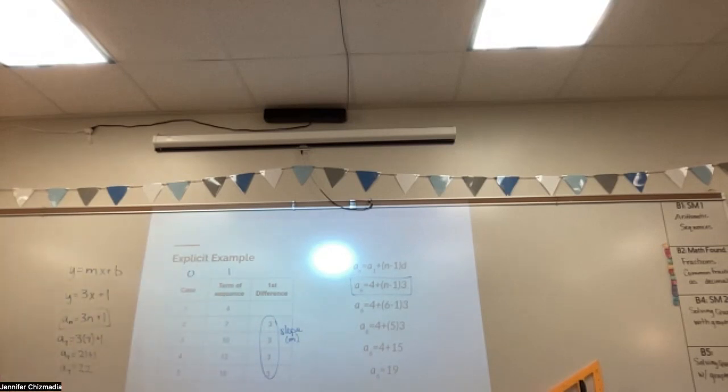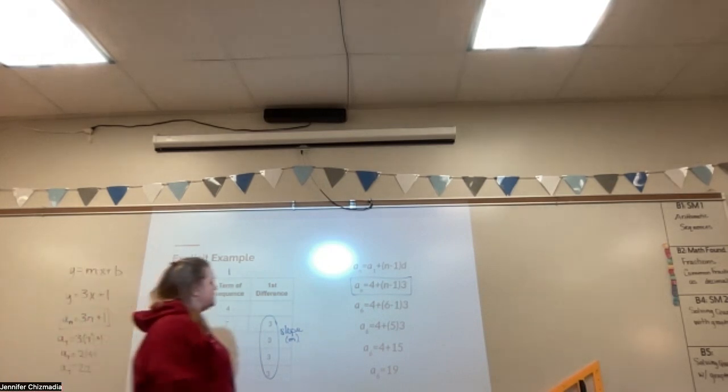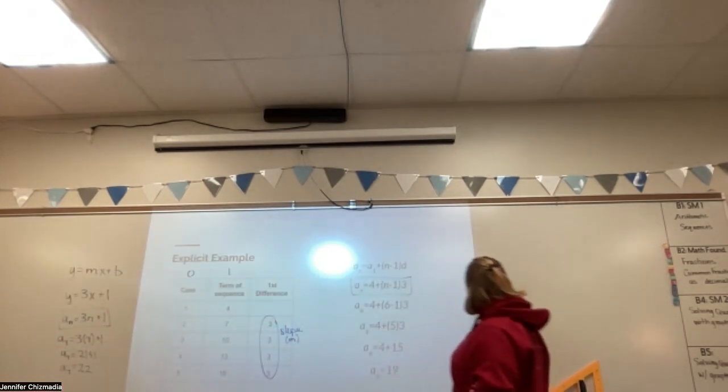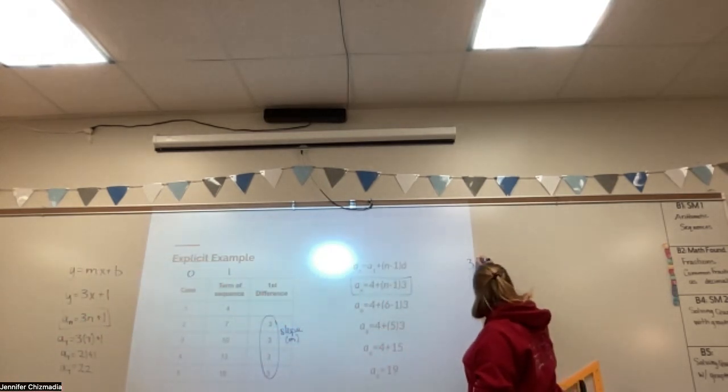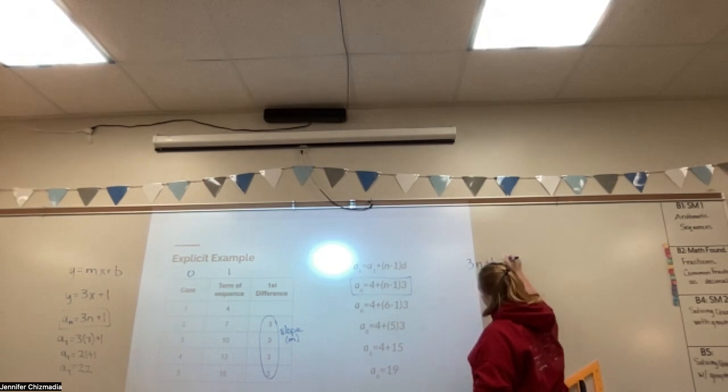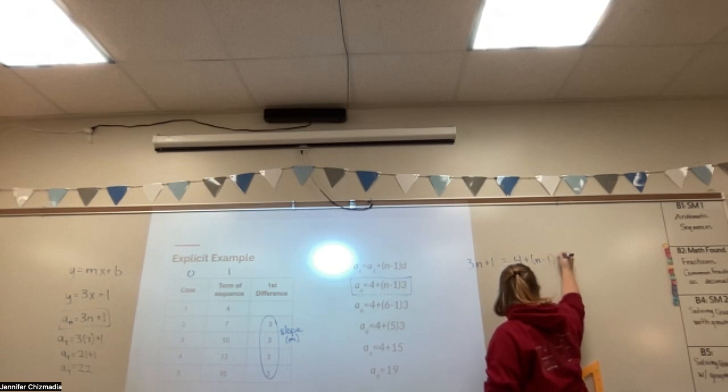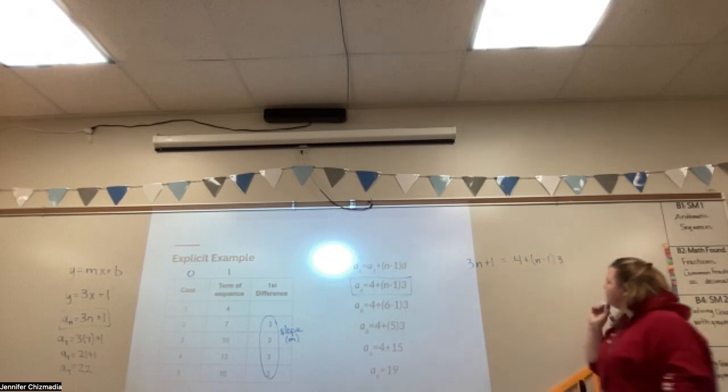Do you want me to prove that they're the same equation? You understood that by giving us the same answer for 6. But let's think about it. Let's set them equal to each other and see if it works. Okay, what would I need to do first?